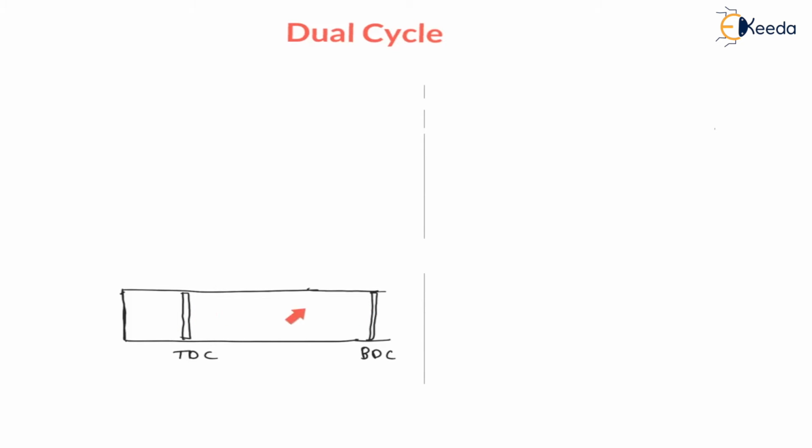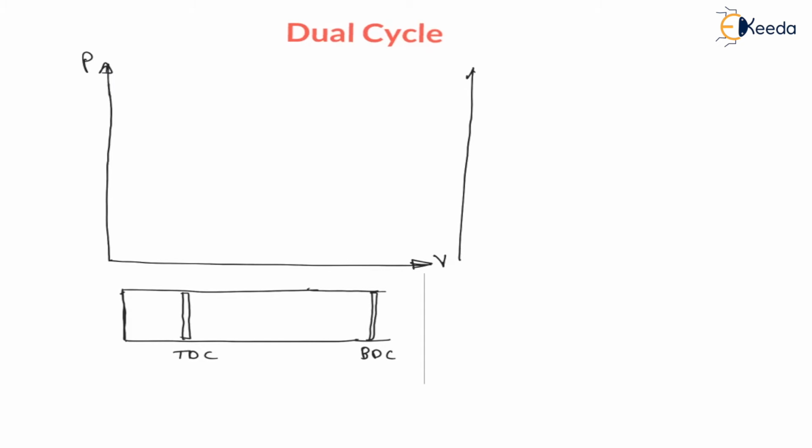Right. Now let us draw the PV and TS diagrams for these two dead centers. This is a pressure versus volume diagram. On the y-axis there is pressure, on the x-axis there is volume, and there is a temperature versus entropy diagram. On the y-axis there is temperature, on the x-axis there is entropy.